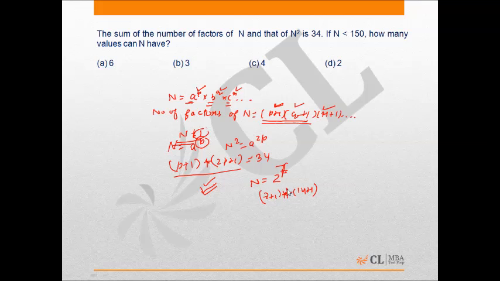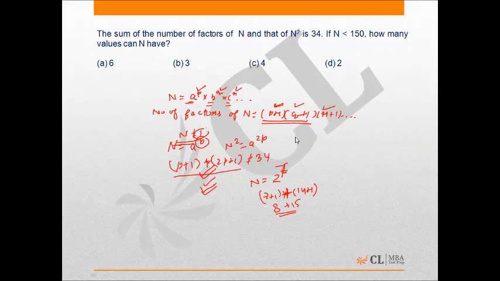This has to be sum, not into. It is 8 and it is 15, and this is not equal to 34. From here it can be stated that the value of this quantity will never be equal to 34, given that n is less than 150. So this is not possible.